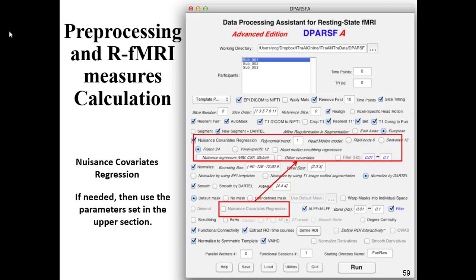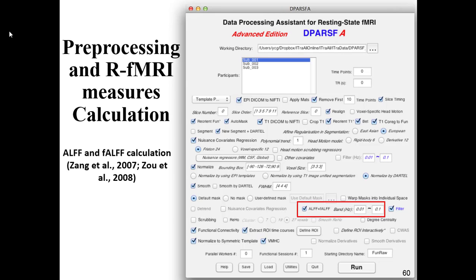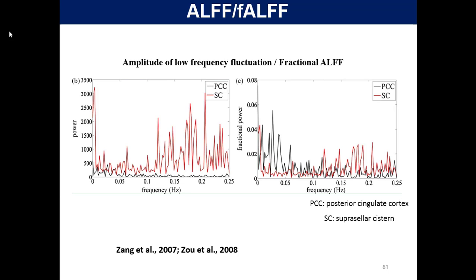So once you click this button, all this will turn blue, so you know those parameters are used here. And this is ALFF and fALFF. In the pre-courses, we have introduced the concepts of ALFF and fALFF. So ALFF is basically the amplitude of the frequency band.